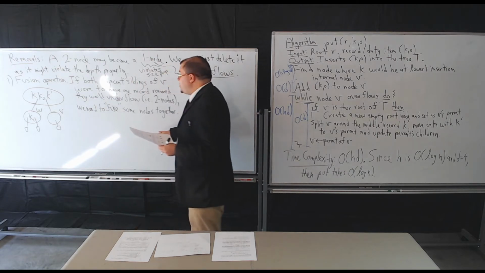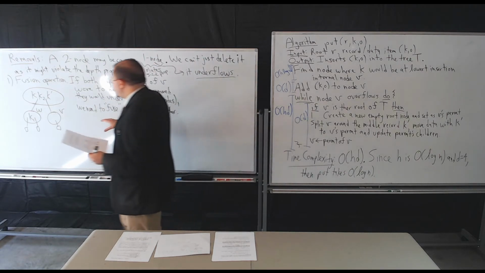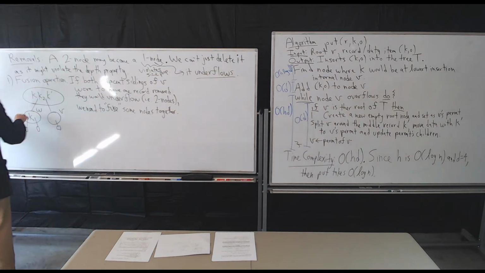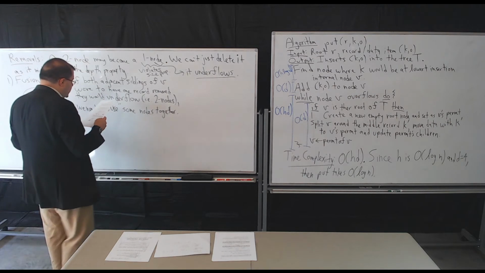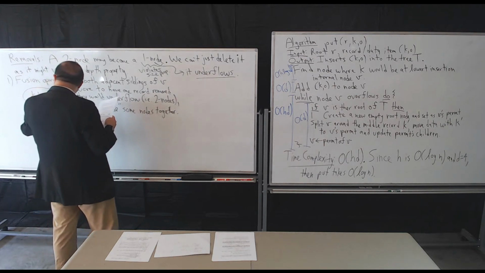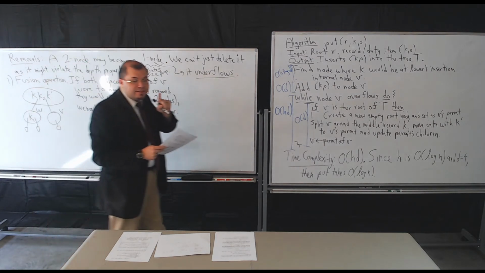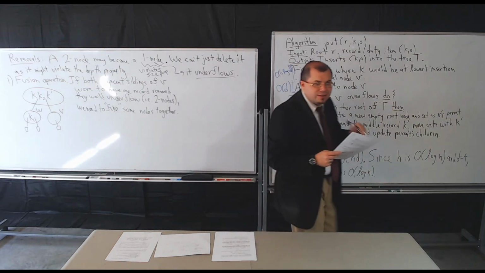So what are we going to do? We're going to merge V and W, and then we're going to bring down the parent of V, its associated record here, which I know where it could possibly be. And I'm going to bring that and put it down into this new merged node. This is what's going to be called a fusion operation. Now it's worth noting that K and K prime may not necessarily exist, so just be aware of that.